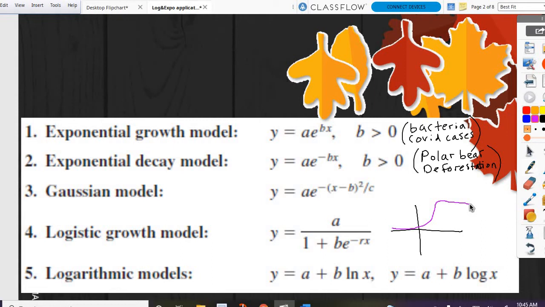And then our last two are our logarithmic models, and we've seen natural logs and common logs before. Again, remember, you don't have to memorize these, but we will have to know how to use them. You all with me?